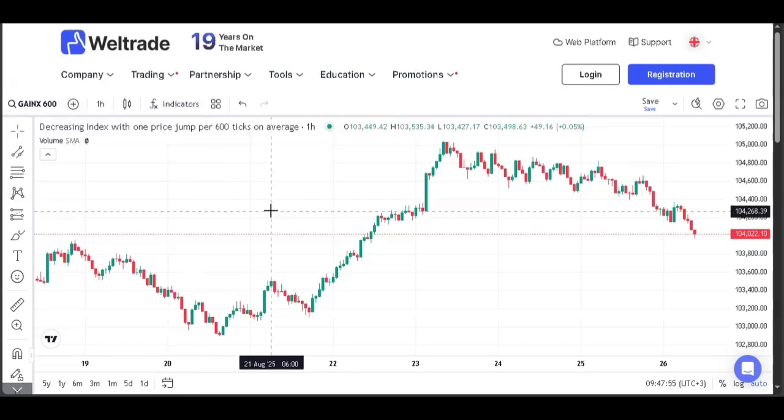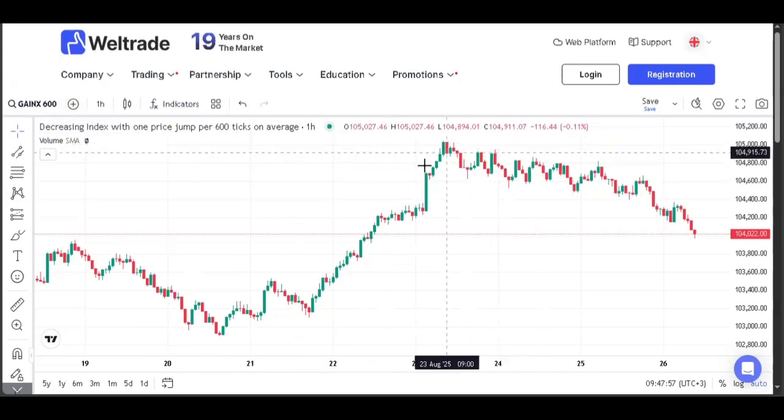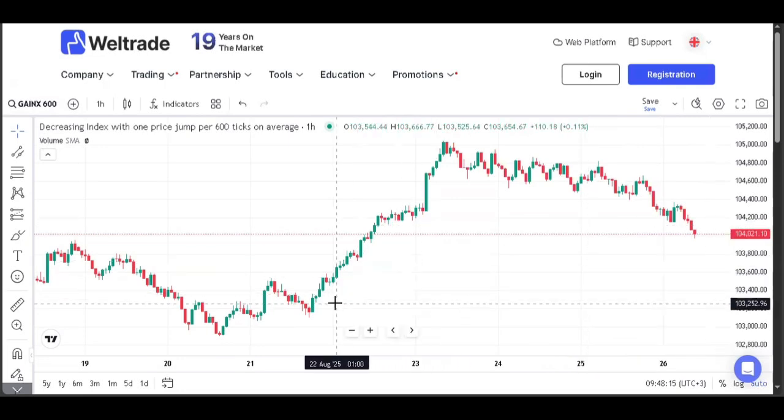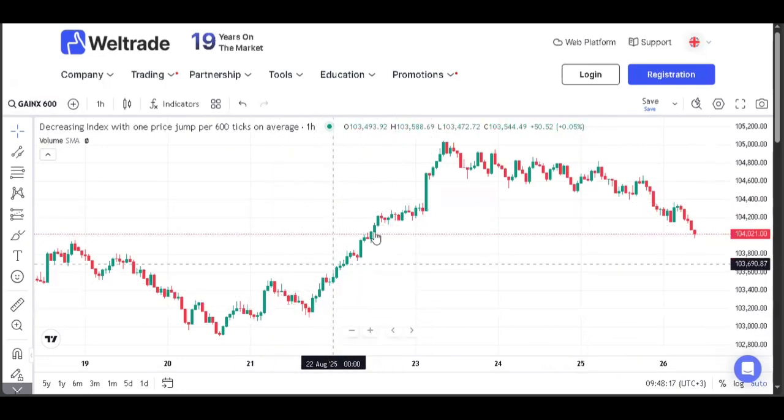As you can see, if you check clearly, what are we seeing? The market is dropping, guys. So as for me, I catch spikes. So I don't usually trade these kinds of setups because this market is bearish, whereas on Gain we have to trade upwards. We're supposed to trade it along this way.